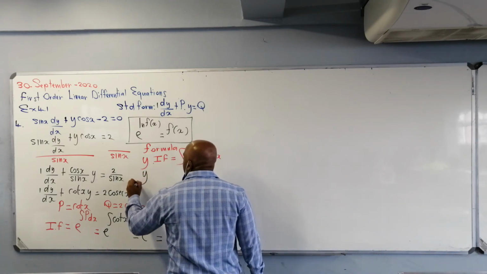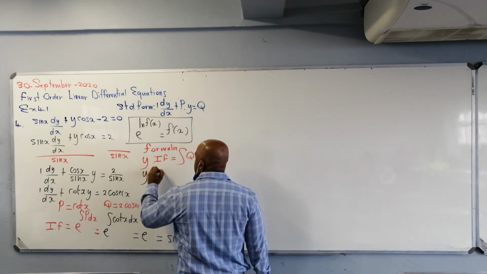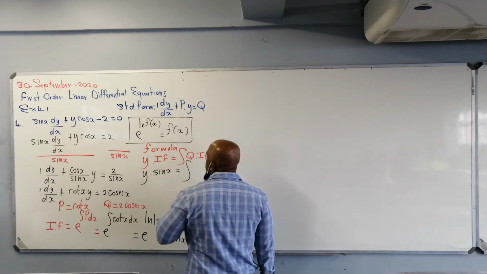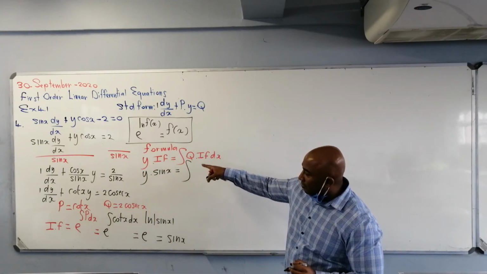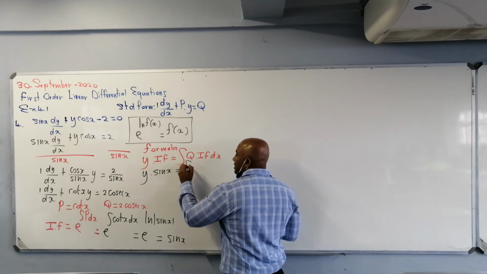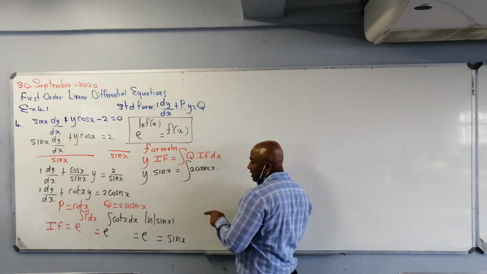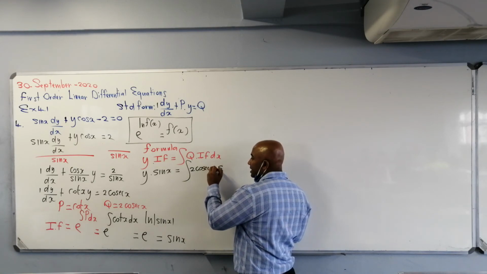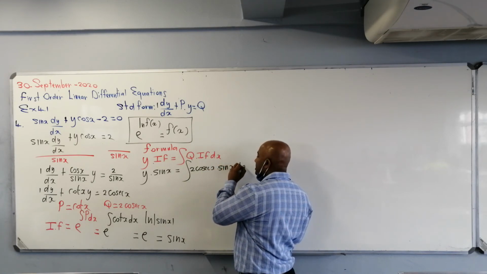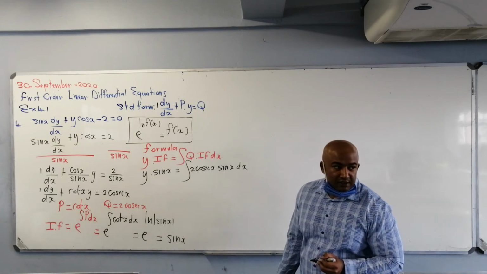So we have y times sine x is equal to the integral of q, my q was 2 cosec x times your integrating factor there, which is sine x dx.